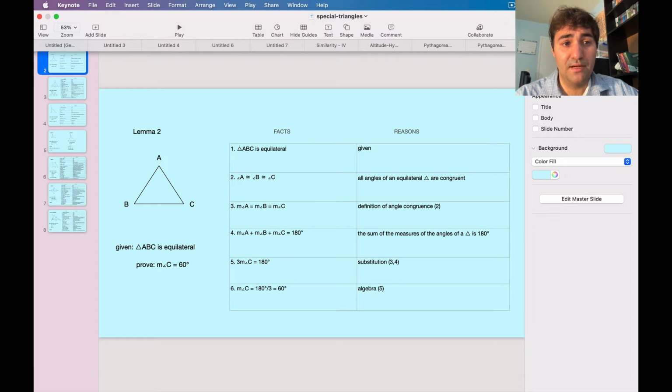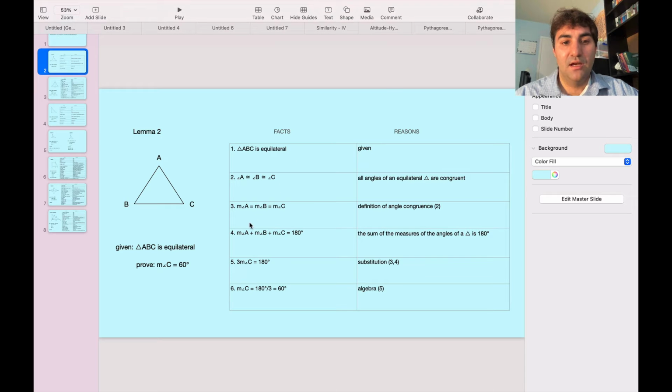Now we know, since we're dealing with a triangle, the sum of the measures of the angles of a triangle is 180 degrees. So in other words, measure of angle A plus measure of angle B plus measure of angle C equals 180 degrees. Now what I'm going to do is substitute.